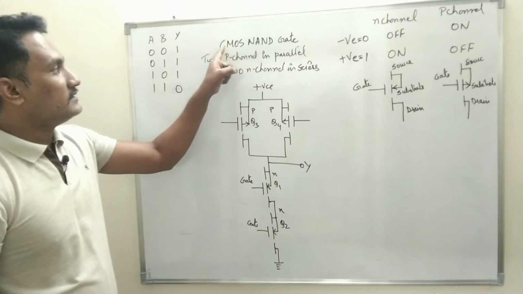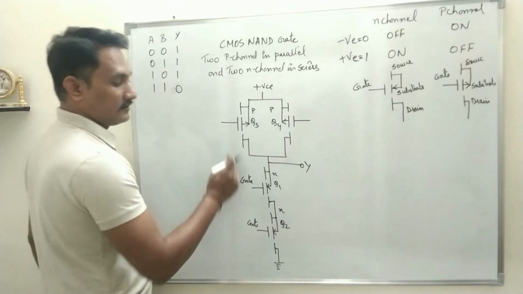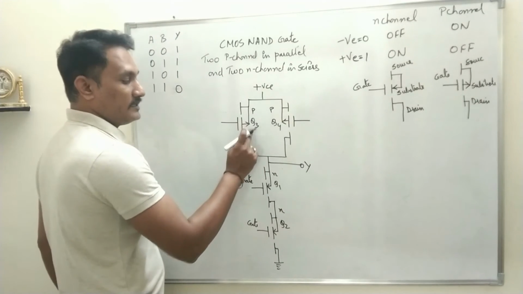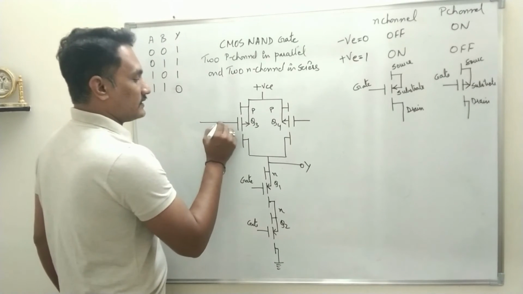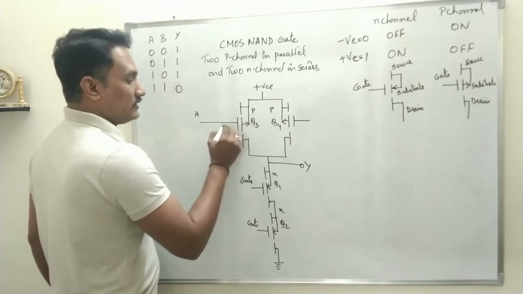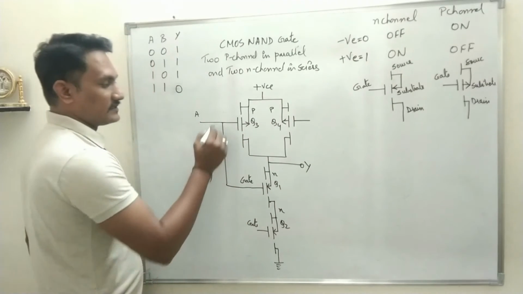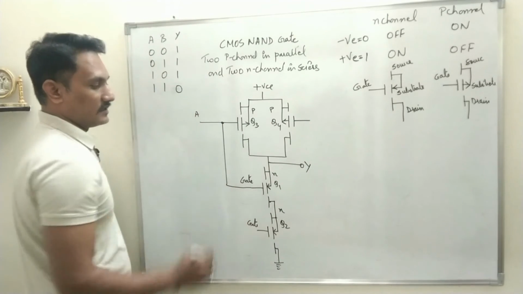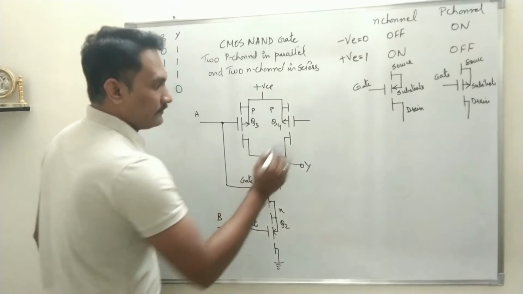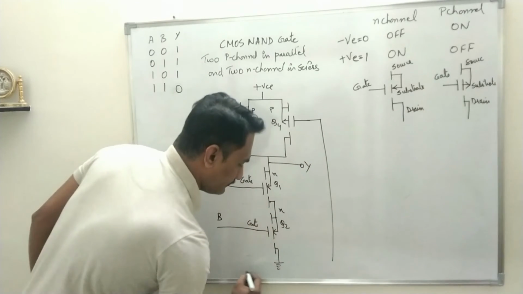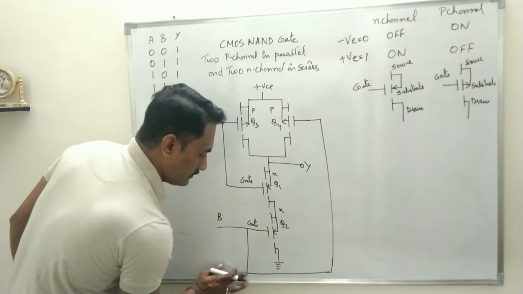In CMOS, C stands for complementary. Complementary means when you connect the transistors, one P channel and one N channel should be connected together. So let's say this is the terminal A, Q3 is connected to Q1, one P channel and one N channel connected together, and one terminal is taken out, that is A. Similarly, say this is B, and Q4 is connected to Q2.